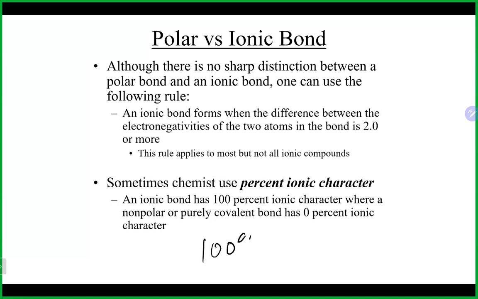A nonpolar bond or a pure covalent bond would be closer to 0, and obviously a polar bond would be somewhere in the middle, between 0 and 100. Not too many people use that these days to describe bonds. Most people go with the big three of ionic, polar, or nonpolar, but you sometimes will still see that used.